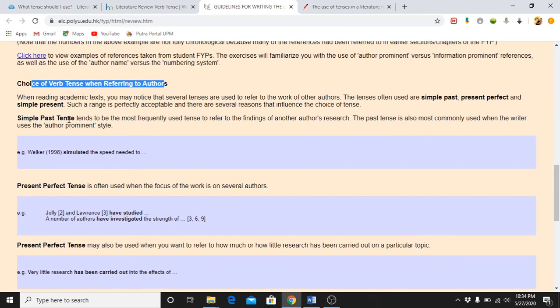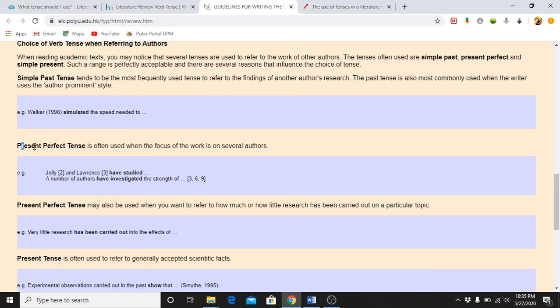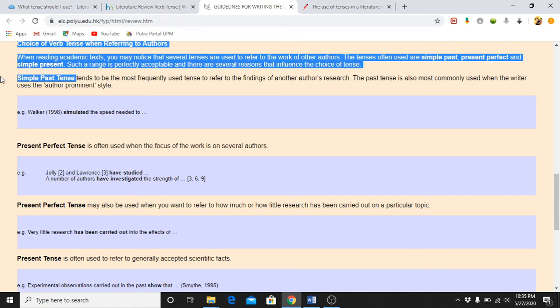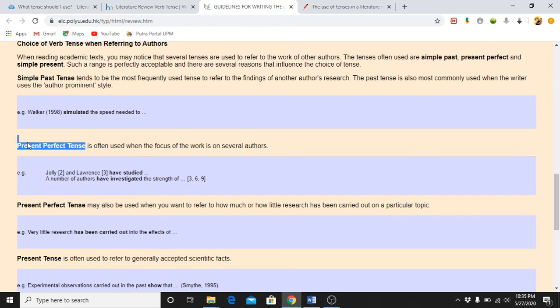You can use simple present, simple past tense. For example, the present perfect tense also you can use. For example, for simple past tense it is Walker stimulated or Walker presented and so on. So present perfect tense also can be used.